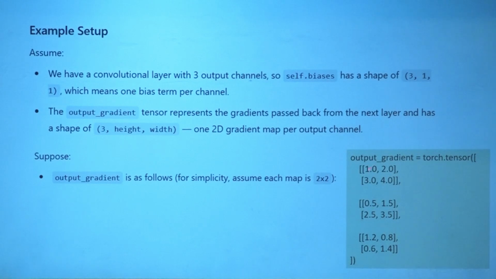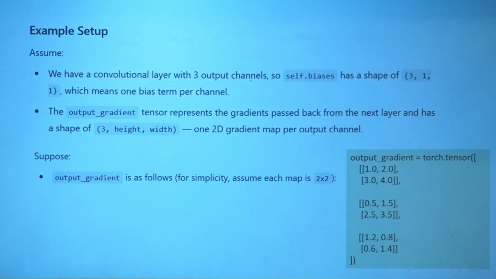Just assume this is an example in front of you. This is the output gradient that you received from the previous layer. Now your task is to calculate the bias gradient based on this output gradient. You got dou L by dou O. Now the bias gradient, dou L by dou B, is to be calculated.